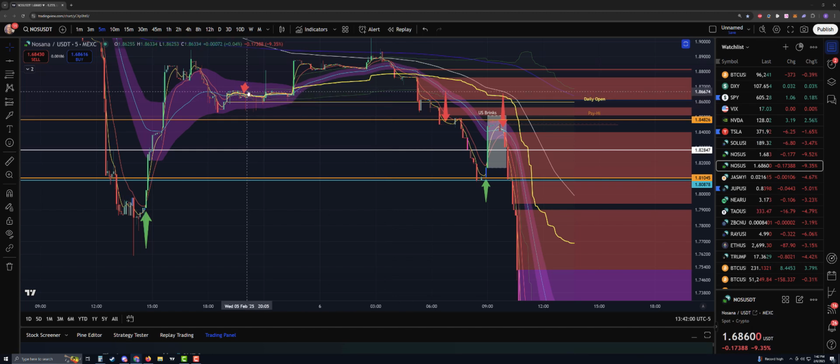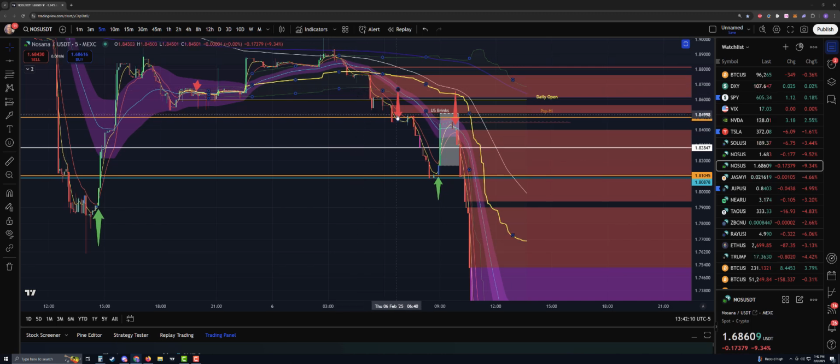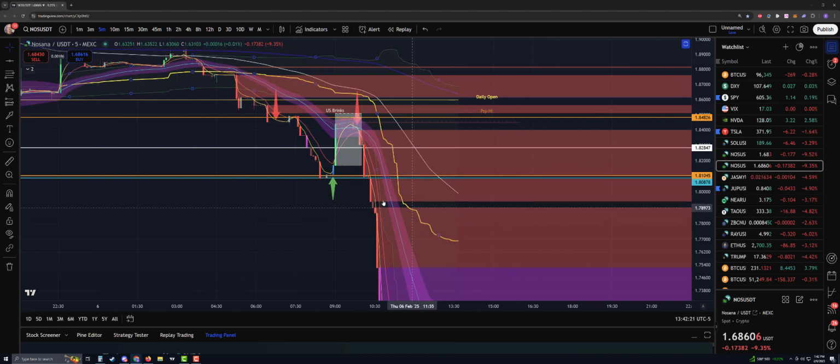I'll say that. In fact, I don't like that I entered this trade here, to be honest. This one was fine. This would have been better. But this was kind of when I woke up and I decided to add on. But as soon as I saw this right here, I just go ahead and bail out.